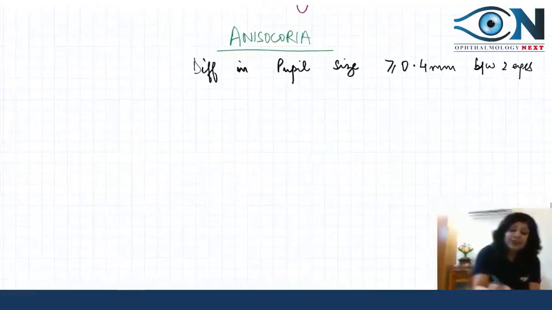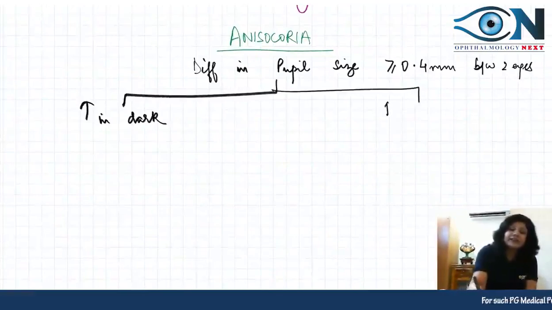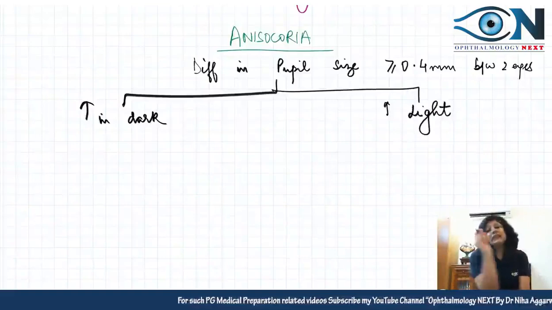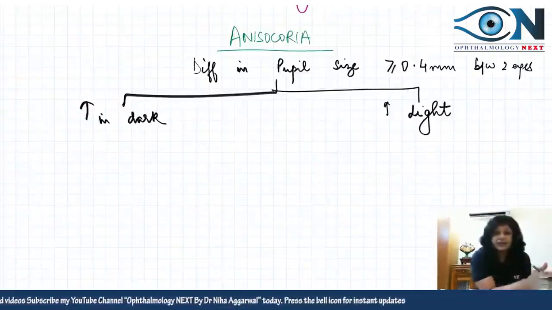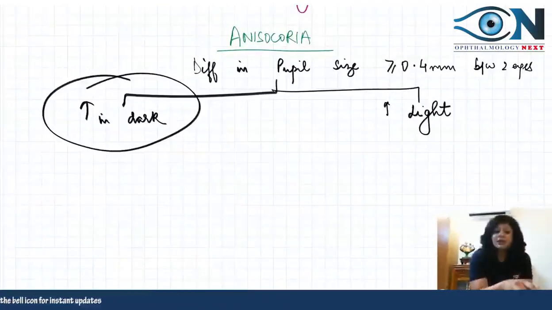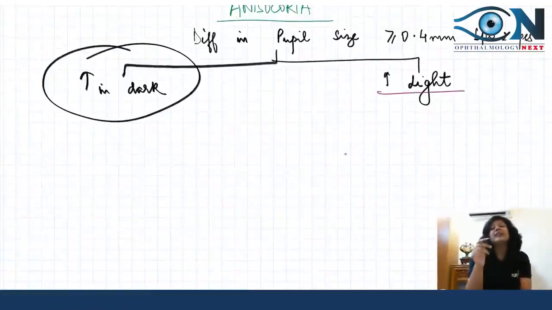So what you have to see is whether it is increasing in the dark or whether it is increasing in the light conditions. Like in our question, it is increasing in the dark condition, it is remaining small. Now what happens if this condition is increasing in the light?